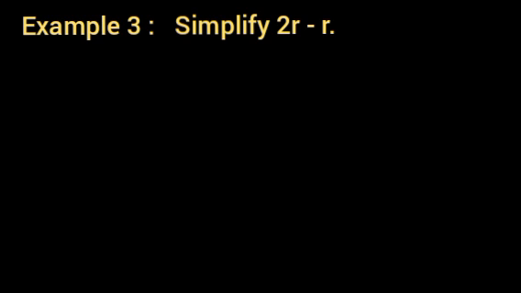Example 3. Simplify 2r minus r. Simplify 2r minus r. Now, first of all, we identify the positive terms and the negative terms. In this question, 2r is actually positive, even though the plus sign is not written there.